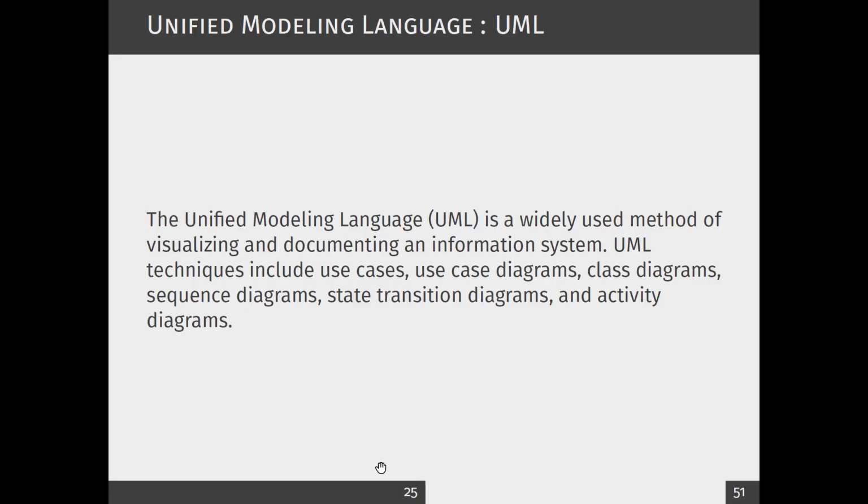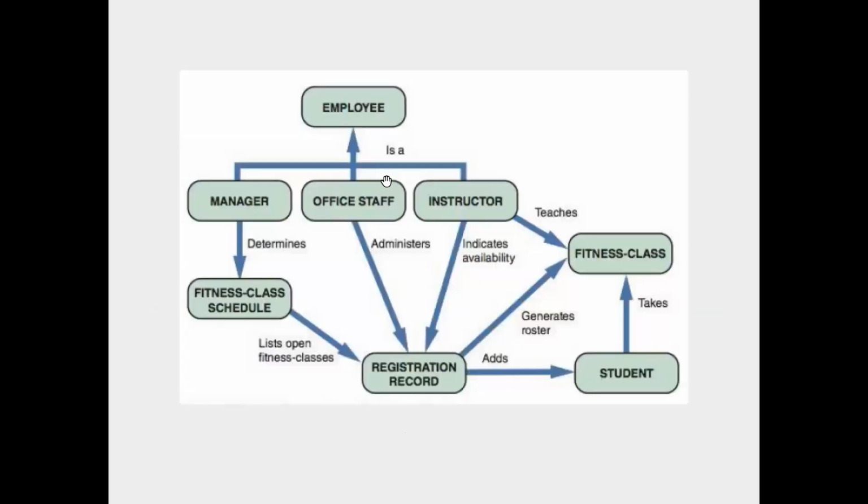These are subclasses. So in this particular case, you see that manager is an employee, office staff is an employee, and instructor is an employee. So this is the superclass and these are the subclasses.